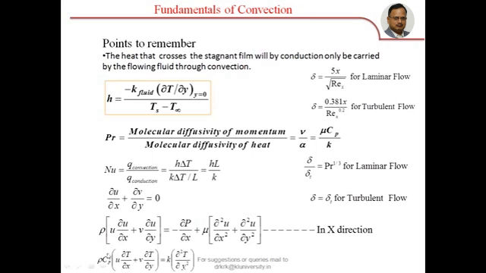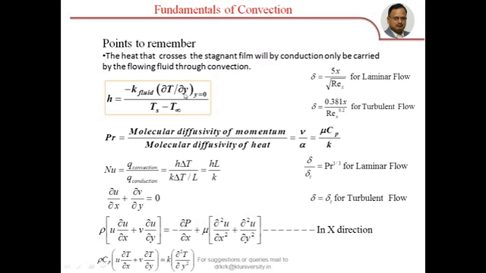These are 3 equations: one continuity, the second momentum, and the third energy. If we solve them, you will get the solution for temperature as a function of Y, and the solution for velocity U as a function of Y or X comma Y. That velocity distribution and temperature distribution as a function of X comma Y will help us assess the thermal boundary layer formation and velocity boundary layer formation.